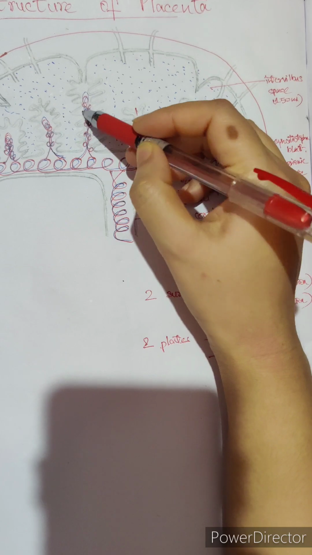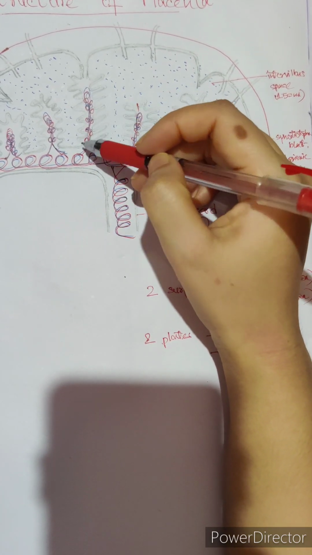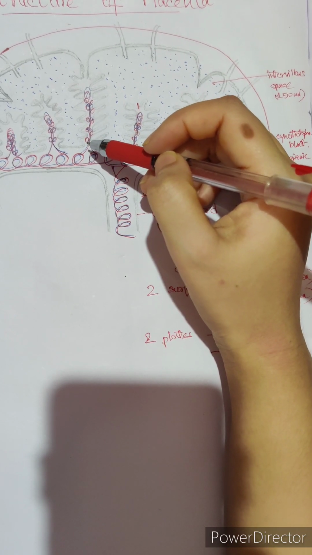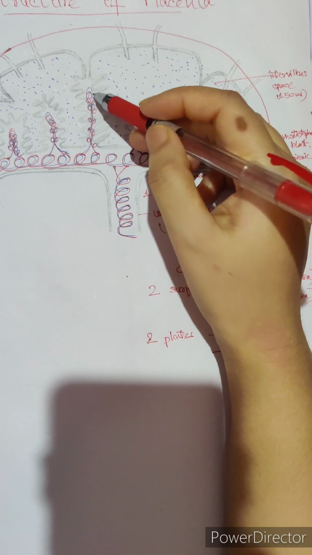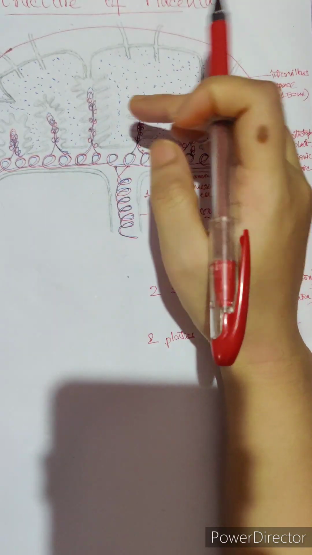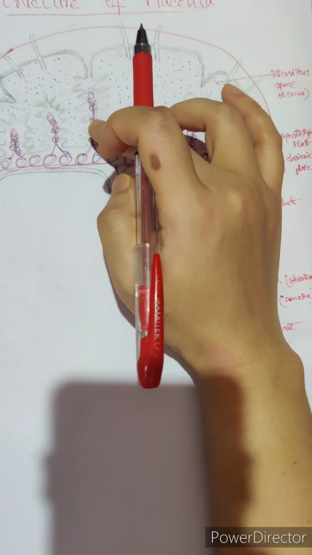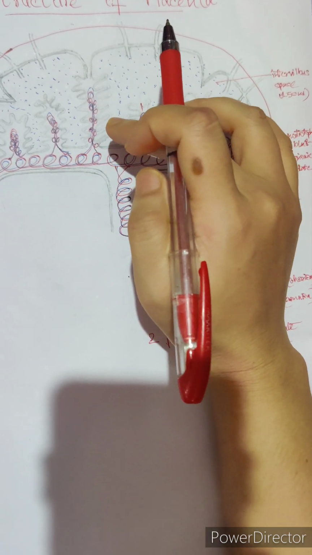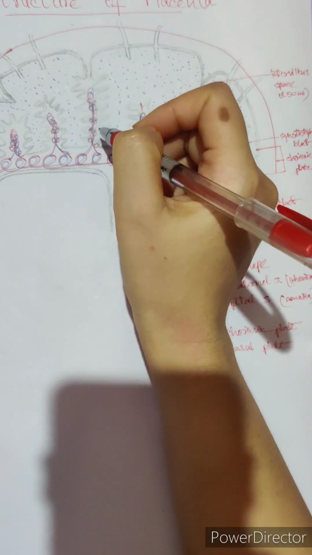Again, inside these villi, there is a network of fetal capillary system. These are the fetal capillaries. If we stretch this particular capillary, it will almost measure about 50 kilometers.